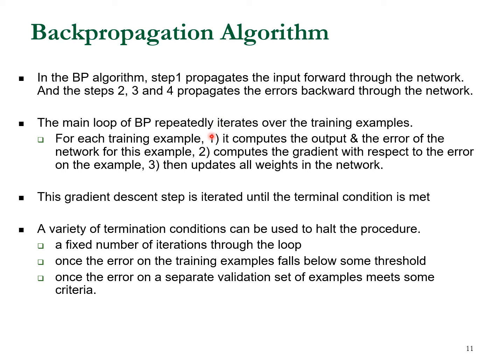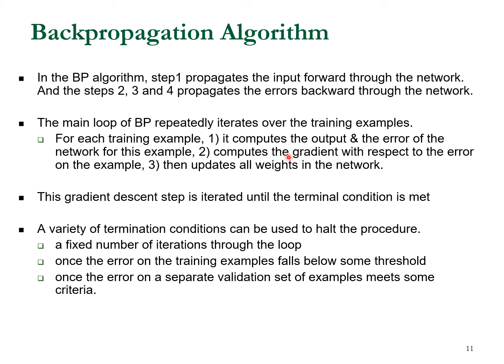This algorithm repeats for every data point. It repeats the forward process and backward process, and the entire process is repeated many times. So backpropagation repeatedly iterates over the training examples, and for each training example it computes the output and the error of the data.